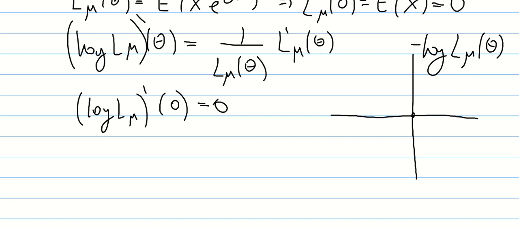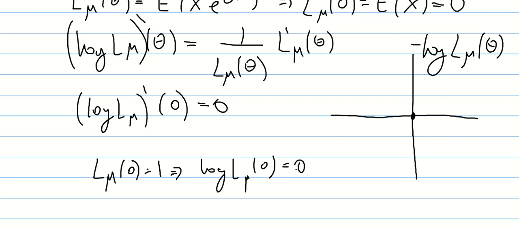Its value at 0 is 0 because L mu of 0 is 1. Sorry, so the log is 0. So its value is 0. It's concave, and the derivative at 0 is 0. So this function is non-positive.